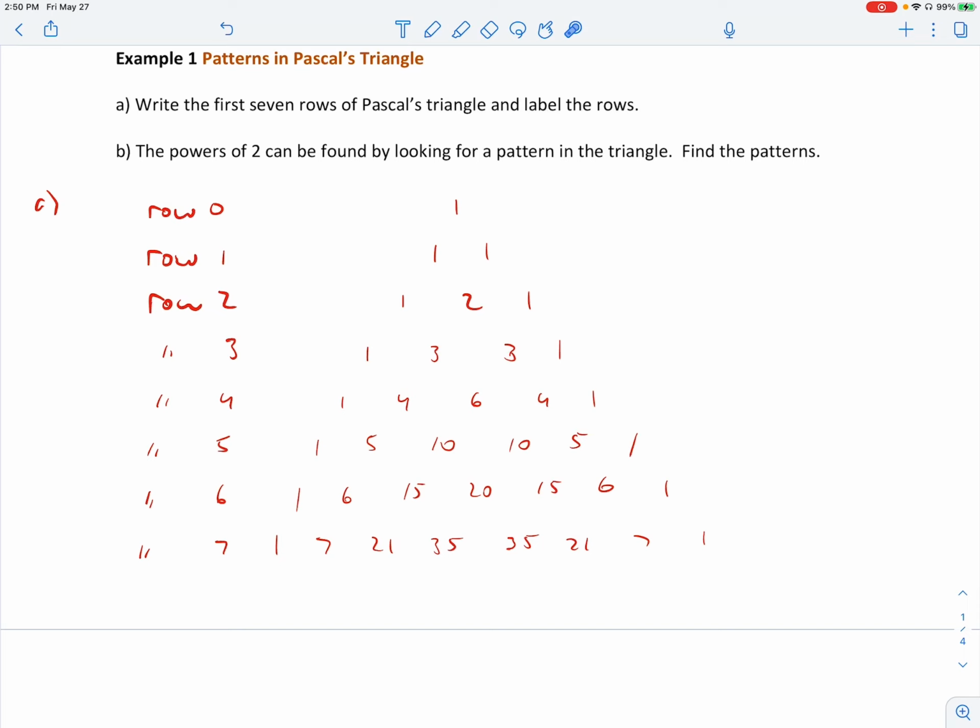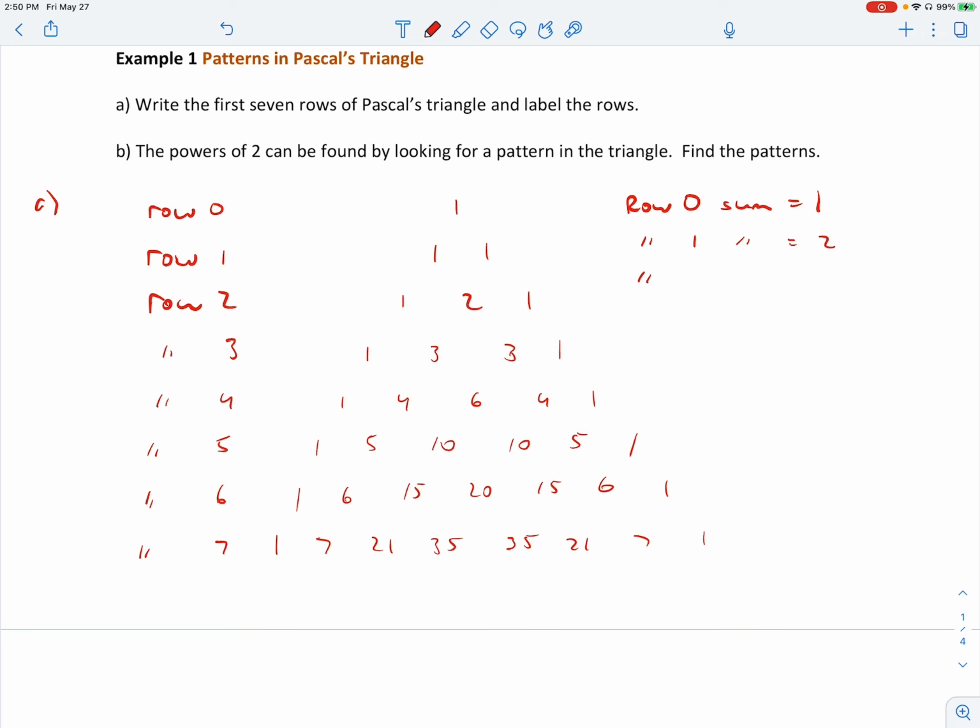Okay, so where are these powers of 2? Well, if you take the sum of each row, so row 0, the sum of all the entries is 1. For row 1, the sum is equal to 2, because you do 1 plus 1 to get 2.